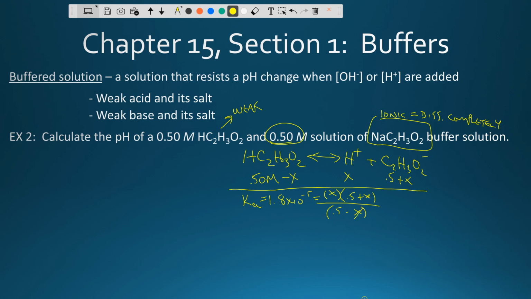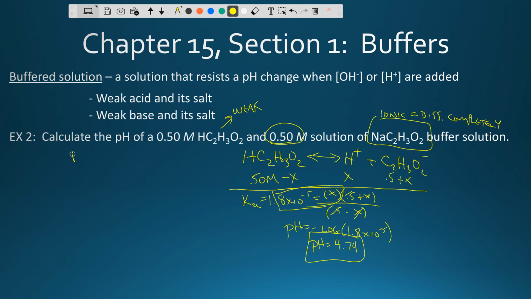Notice 0.5 over 0.5, so those will cancel each other out. My X, I should say, equals the 1.8 times 10 to the negative 5. So my pH is the negative log of 1.8 times 10 to the negative 5, and so I end up with a pH of 4.74. Okay, that's going to be considerably higher than what it was in the first place.